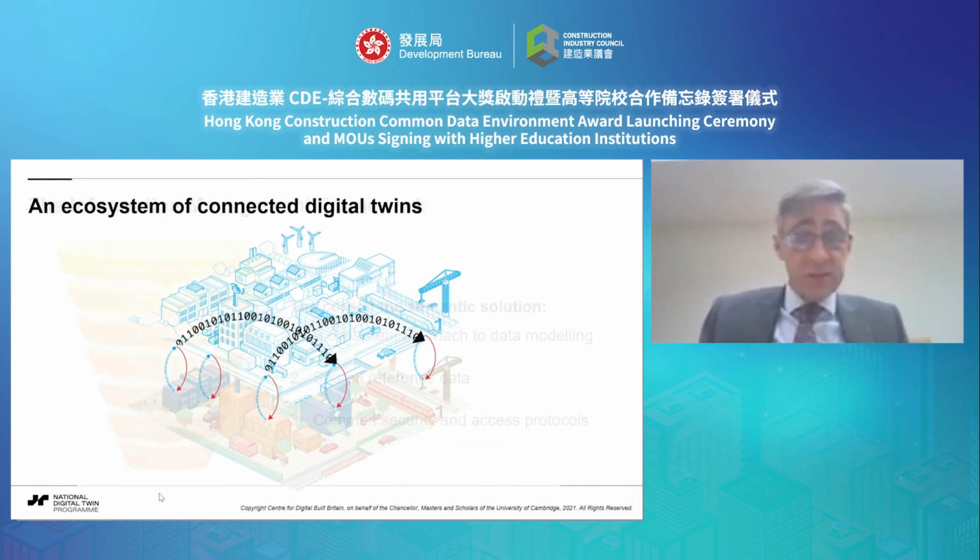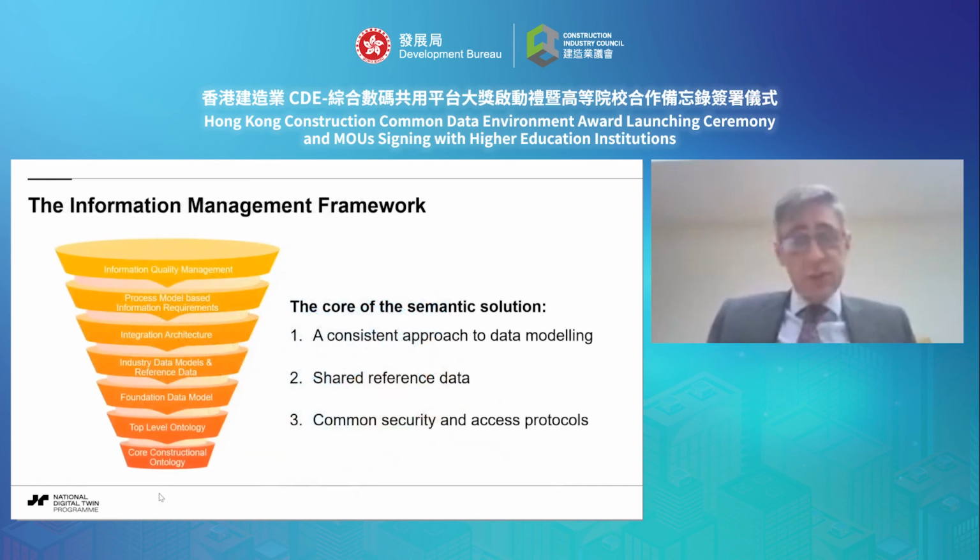And what's at the heart of it is the same as what we talked about for the connected data environment. Really, at the core of it, there's a semantic solution which requires a consistent approach to data modeling. It means we need high quality data models that are shared. We also need shared reference data and common security and access protocols. But essentially, it's just an extension of what we've already talked about for a connected data environment.